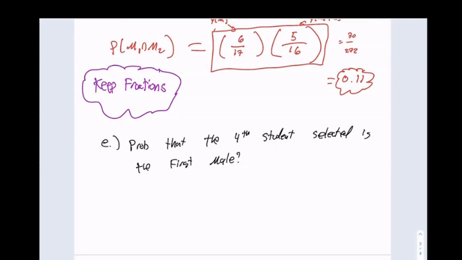The 4th student is the first male. What does that mean about the others? They're all female. What do you mean by all? Can you clarify that a little bit more specifically? Like the first 3 of them will be females or something.